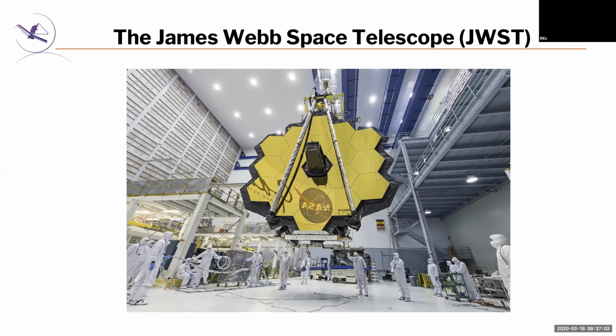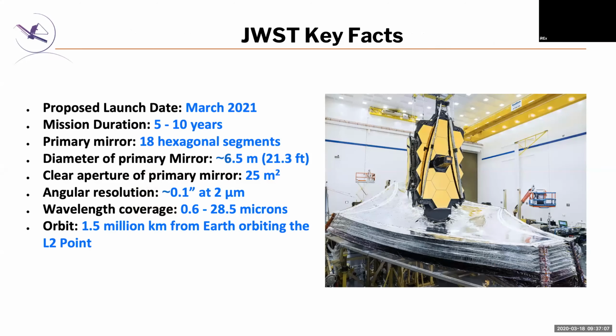A presentation about the James Webb Telescope starts with key facts. The proposed launch date is still March 30th, 2021. The mission duration is 5 years nominal, and perhaps 10 years. It's a 6.5 meter telescope with 25 square meter surface area.